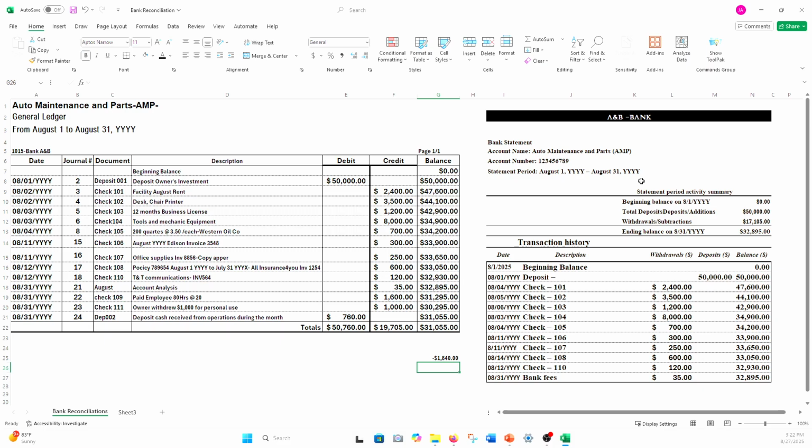So the first thing to do is to compare transaction by transaction. In any accounting software, you have to mark, or there are some integrations where the banks offer certain services that allow the computer to connect with the bank and do electronic reconciliation.